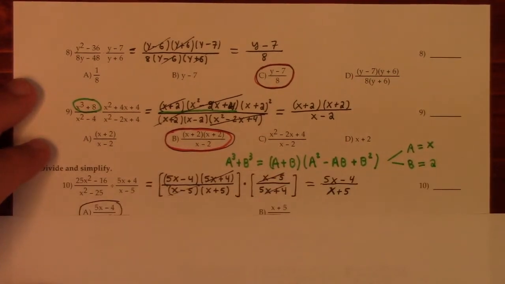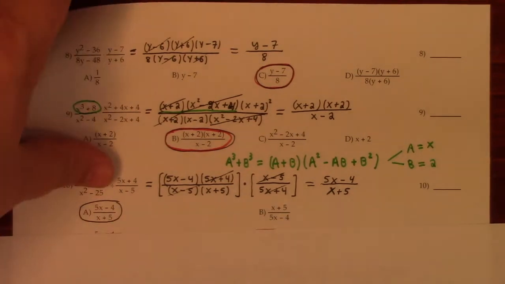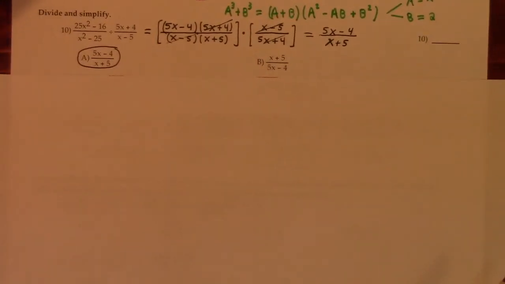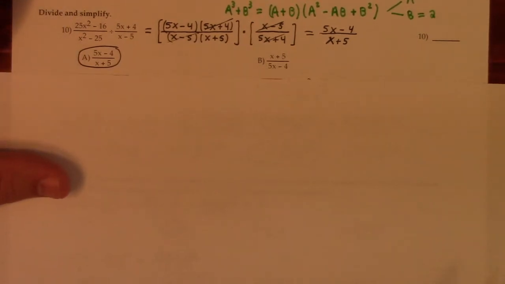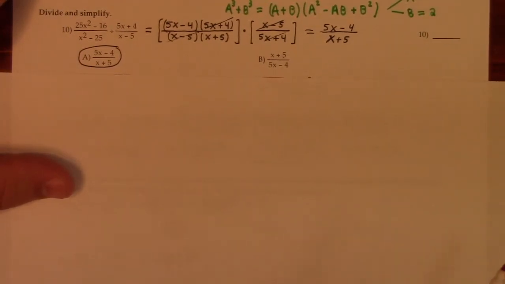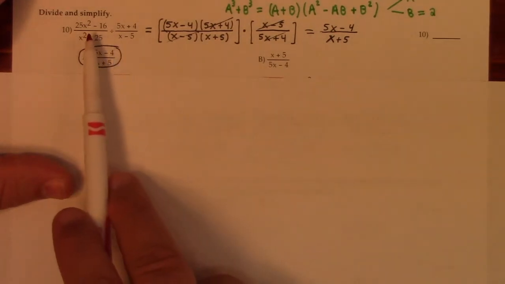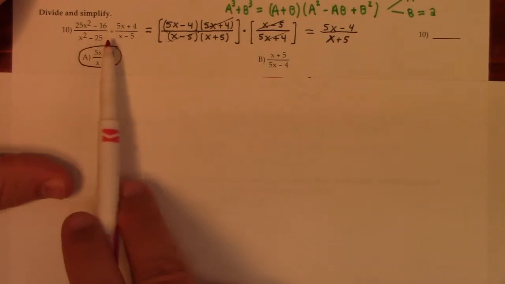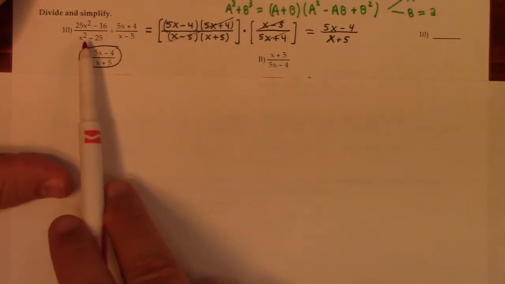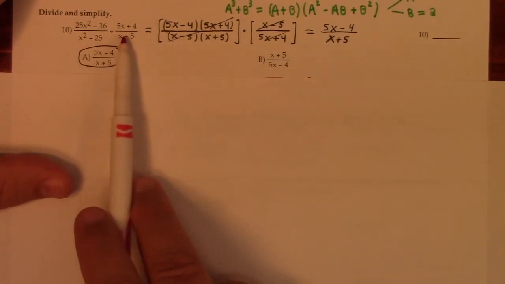So, number 10. Move it up here a bit. Number 10. So here we have this divided by that. All right, so when we have division of fractions, one way to do it is to multiply by the reciprocal.